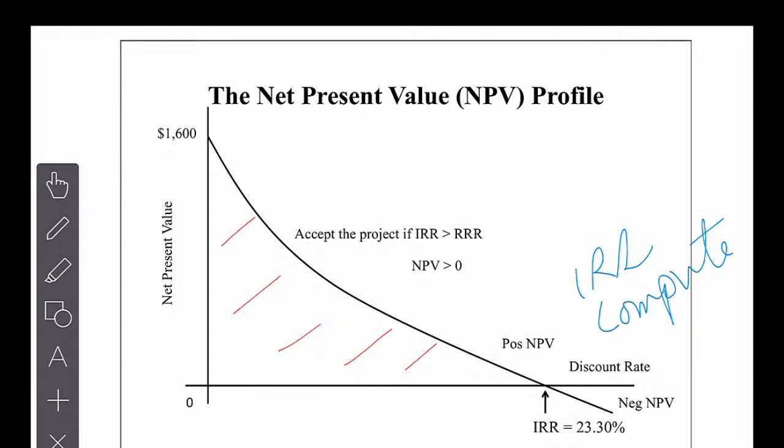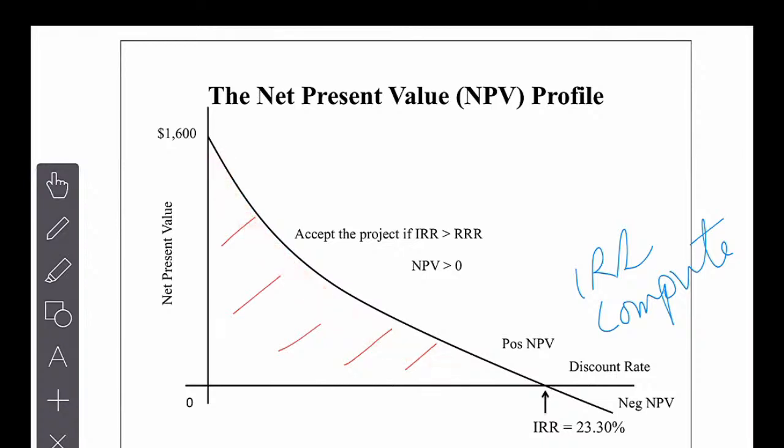So how I conclude is, as long as the discount rate that you usually use to evaluate or assess projects is smaller than 23.3%, you should accept the project. That's what it means.